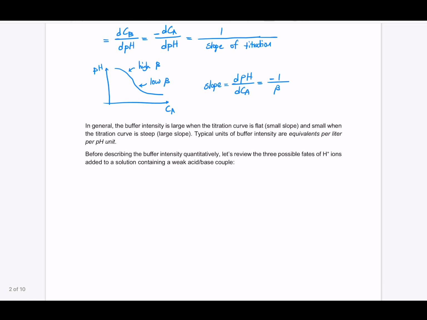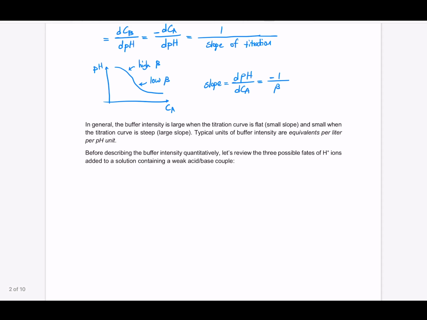So before that, let's talk about something that we briefly talked about in the previous lecture, but in the context of resistance. Here we want to talk about it in the context of the buffer. So let's say I'm adding proton, like the last lecture. We are going to discuss whether this proton is consumed or is impacting the pH, exactly like what we had before.